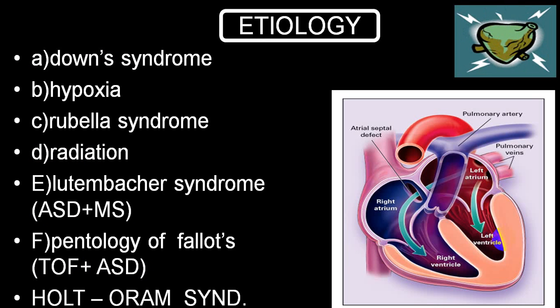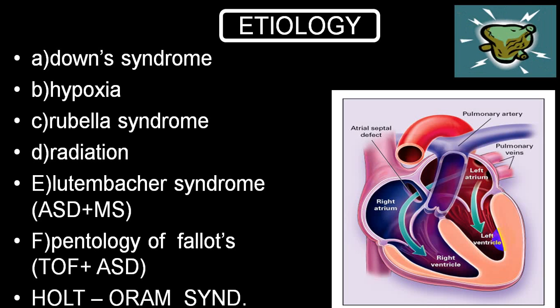The commonest cause of ASD is Down syndrome, so it is very commonly associated with trisomy 18, Down syndrome. Another common condition which produces ASD is hypoxia, rubella syndrome, radiation, when the female during pregnancy is exposed to multiple radiation, either because of X-rays or because of radiotherapy, etc. There is one condition which, if ASD is associated with mitral stenosis, is called Lutembacher syndrome.